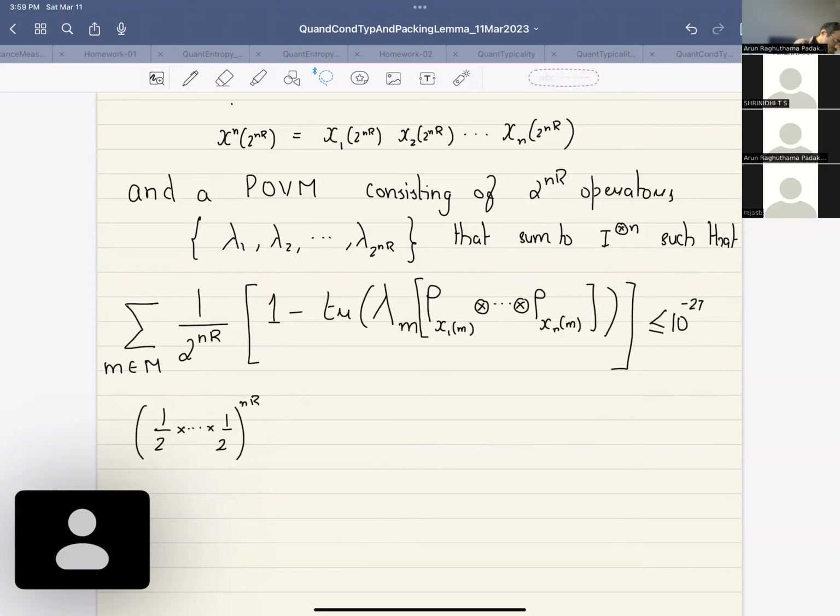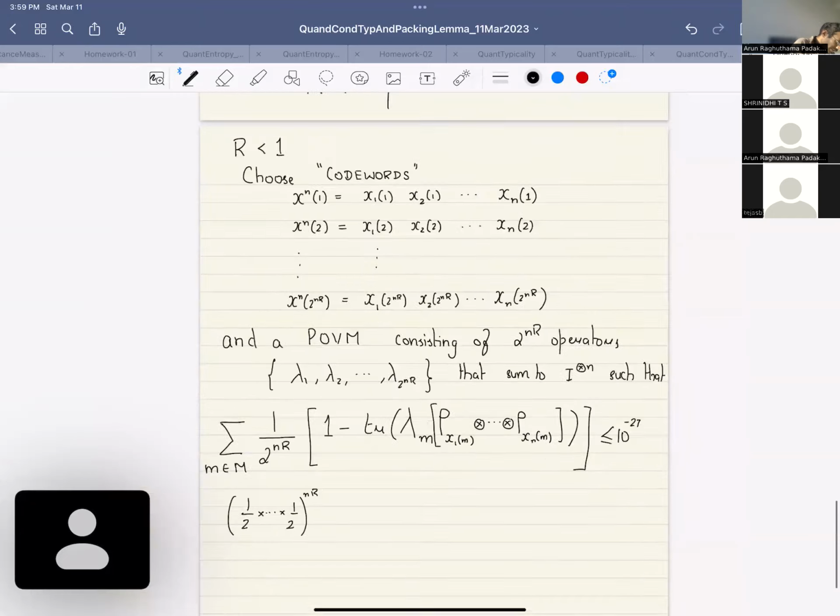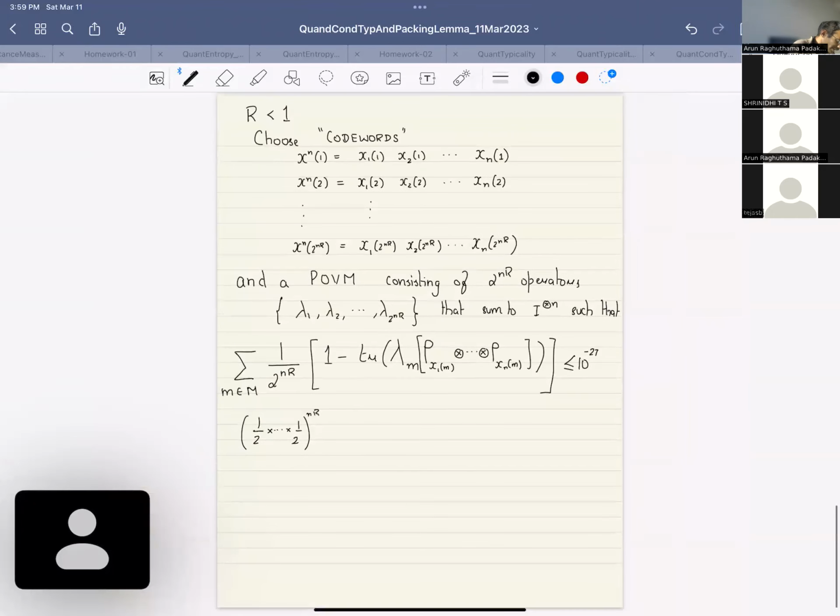Please indicate if you don't understand. I will explain this. So what do I need? If I have to be able to communicate at rate r, I have to design 2 power nr bit patterns. I have to identify 2 power nr bit patterns among the total 2 power n patterns. And for each pattern, I have to design a POVM operator, so the sum of those POVM operators is identity.